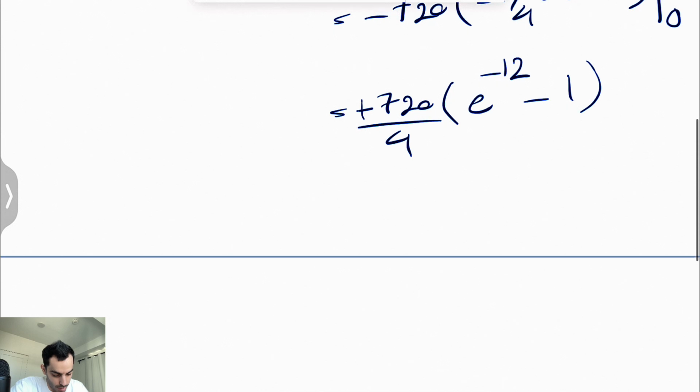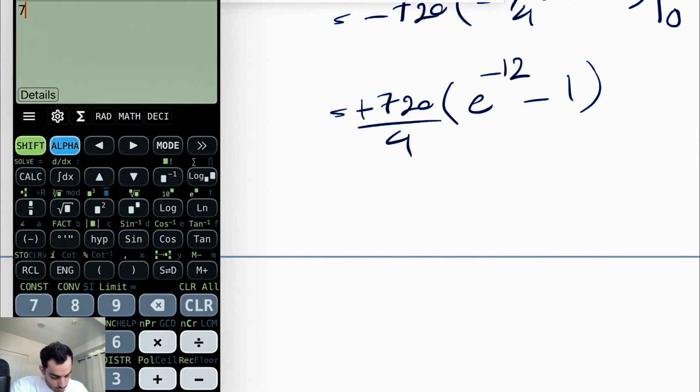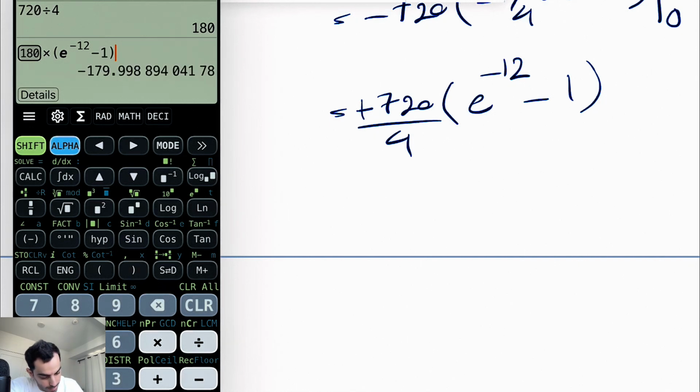Let's see what we get. 720 divided by 4, 180 times e to the power of minus 12 minus 1. That's going to be more or less minus 180. So our value is pretty close to minus 180.